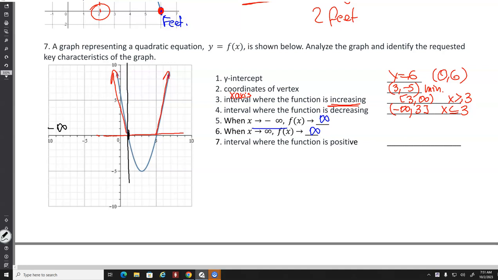So from negative infinity to 1, and then combined with 5, which is right here, toward positive infinity. Because again, we're looking left to right, and we're looking at the x-axis only.